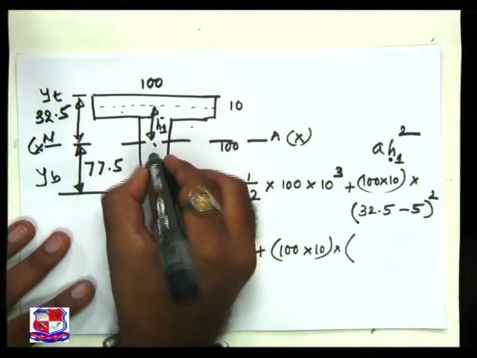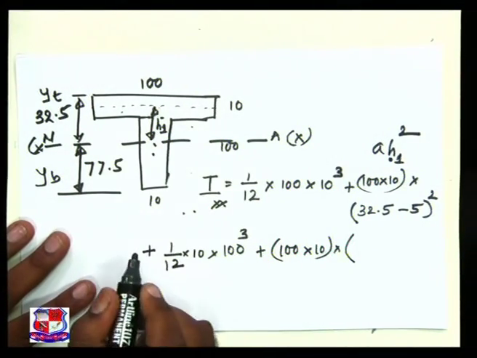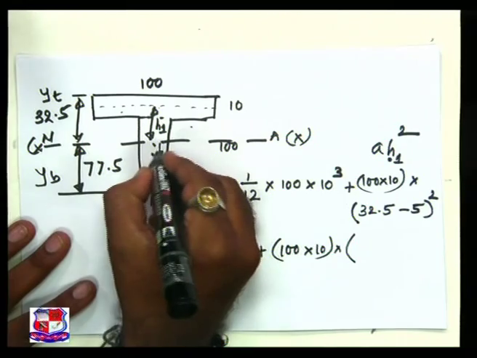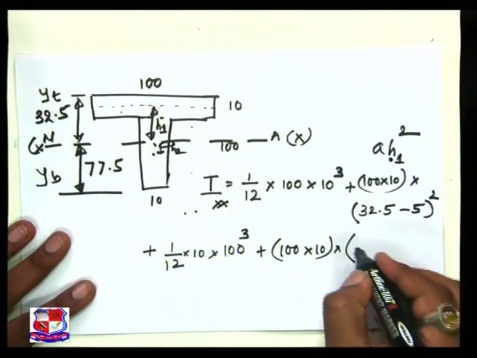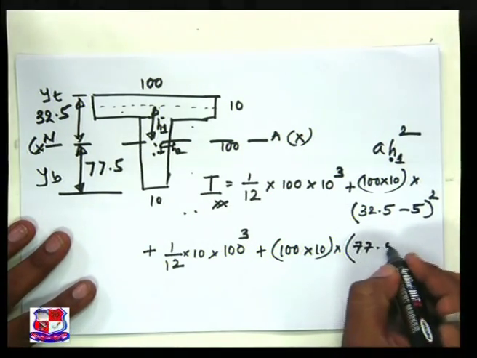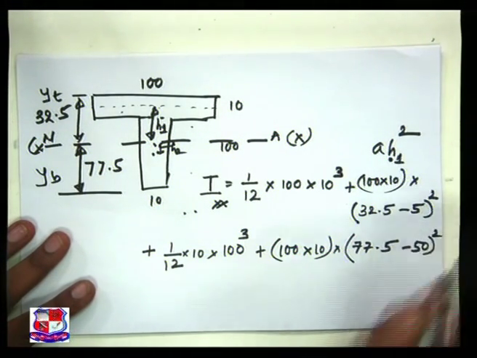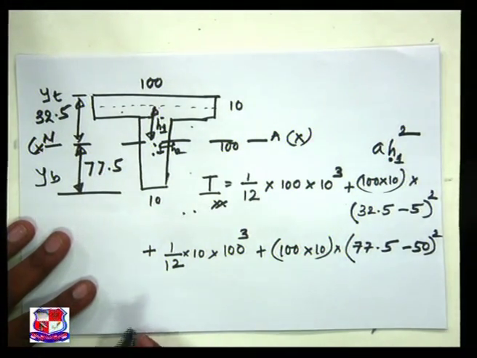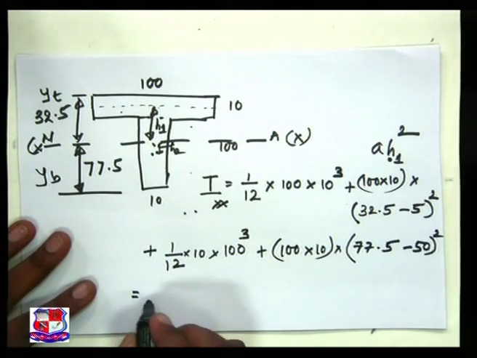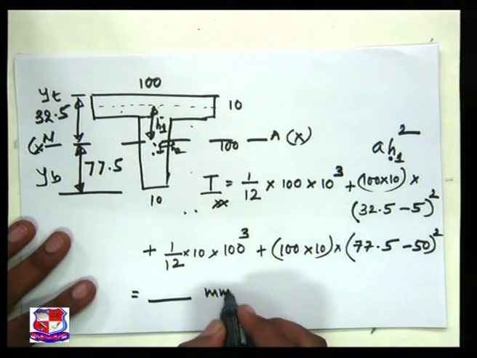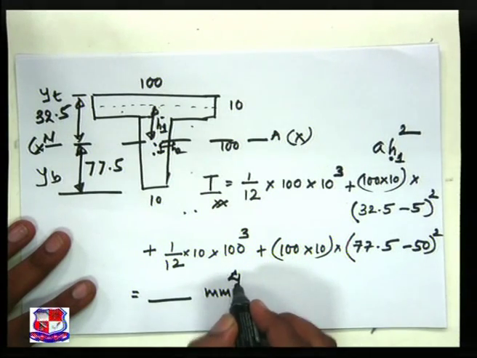The CG of the second part is over here. So this is my h2, that is 77.5 minus 50, squared. When you simplify this, you get some value of I in terms of mm raised to 4.